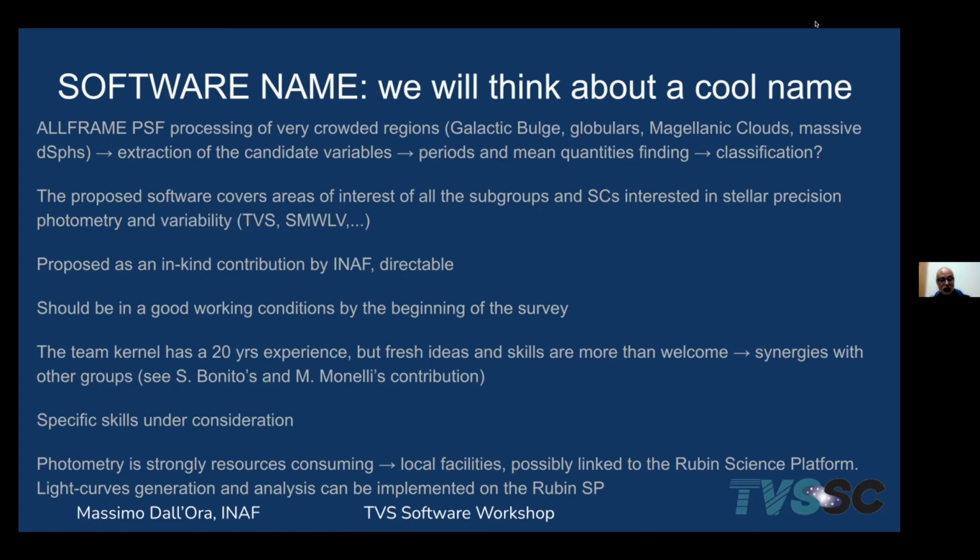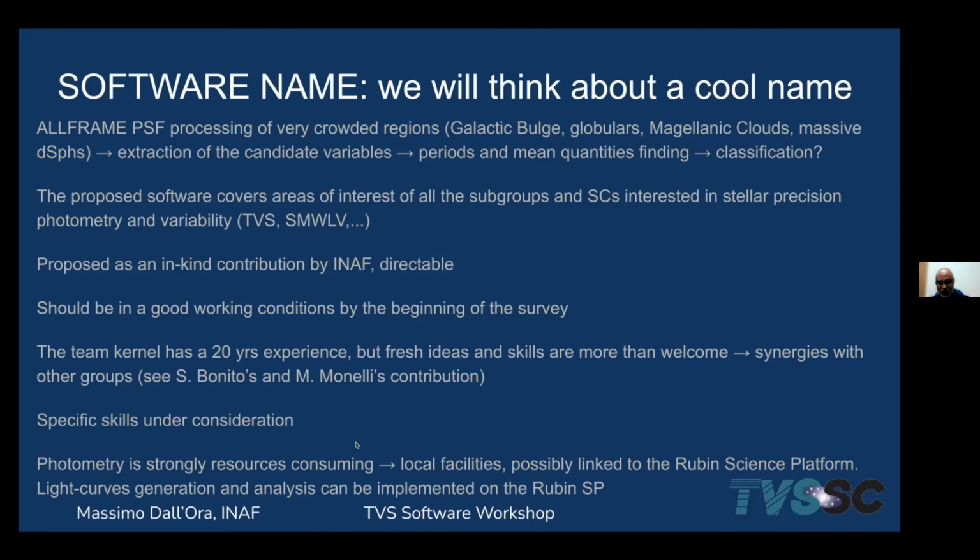And we plan to perform the first part of our pipeline on local servers, because this is strongly resource consuming. This means that we need local facilities, maybe linked to the Rubin Science platform, while the rest of the pipeline could be run directly on the Rubin Science platform.